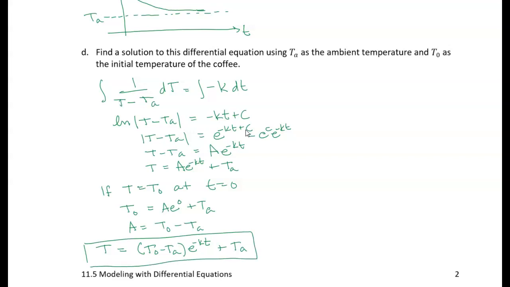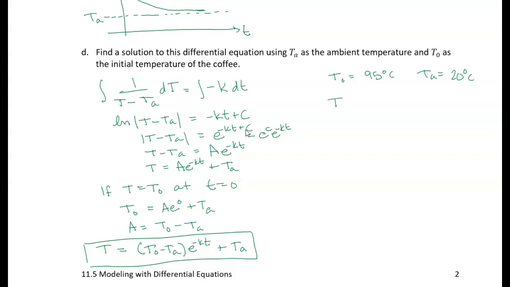All right, so now this is just a general solution. Our original problem said that the coffee was 95 degrees, so that's our T0 equal to 95 degrees C, and our ambient temperature T sub A is equal to 20 degrees C, and so we can use that to find an equation for this particular situation.